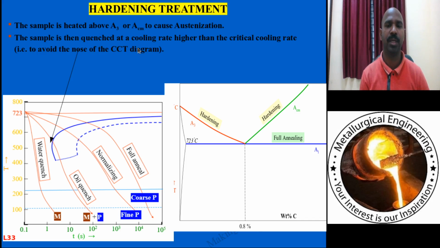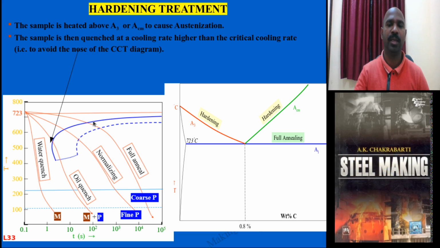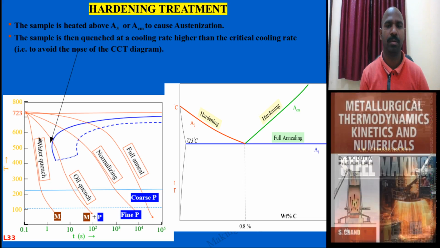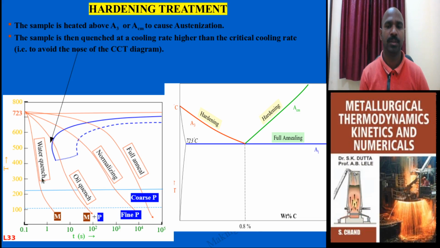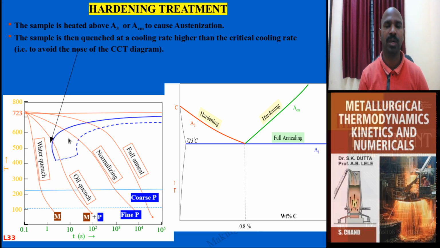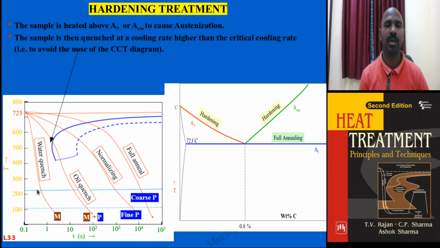And how do you achieve it? By choosing water, as I mentioned, with cooling curves. This shows perlite start, perlite finish, the time temperature transformation curves. Oil quench, normalizing, full annealing, and water quenching is nothing but the hardening process. You are avoiding touching the nose of the TTT curve.